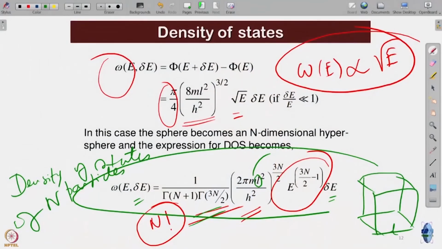This is an exact result for an ideal gas, but as I am again and again telling, much of it goes over even in interacting systems, and this is the one which is used now in the conductivity problem and many other calculations of solid state physics, where electrons are used as free particles, and that is a very important model of solid state physics, the free electron gas.